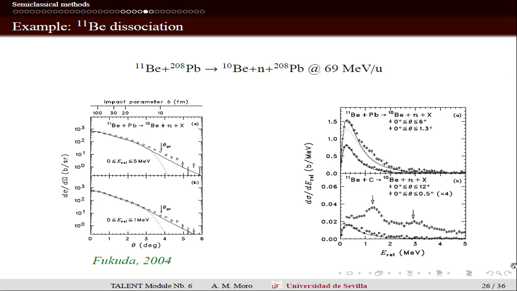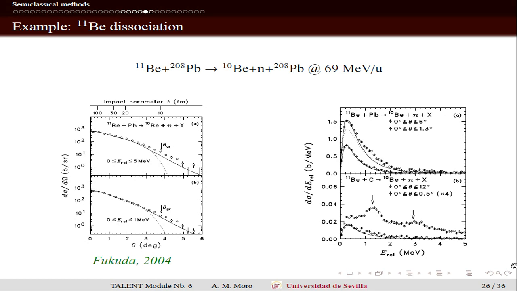The reason is that if you want to construct this kind of spectra corresponding to the relative energy between the neutron and the beryllium-10, so to obtain the excitation energy of the beryllium-11, then you need to get the two linear momenta. So energy and angle of each of the particles.